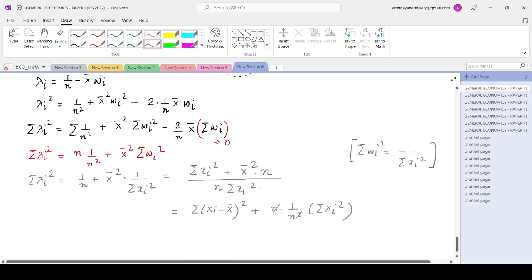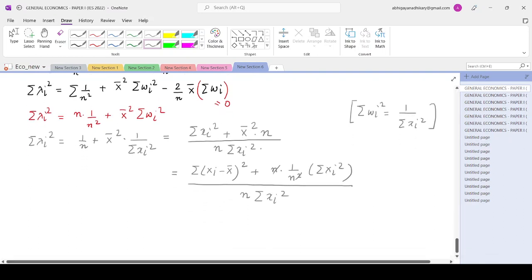So 1 n will get cancelled. And then we basically have summation capital X_i minus x bar whole square plus 1 by n into summation small x_i whole square. Right? And the denominator remains unchanged.